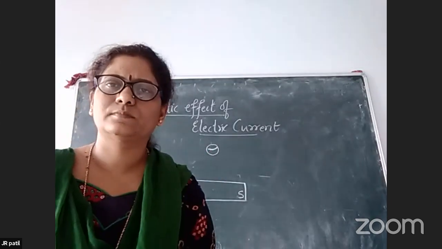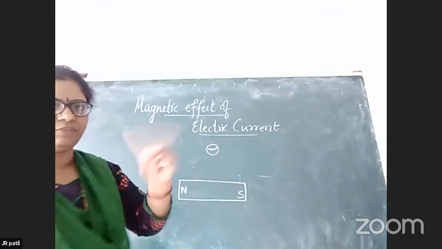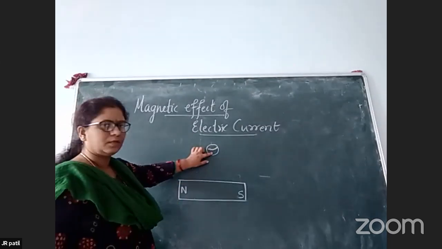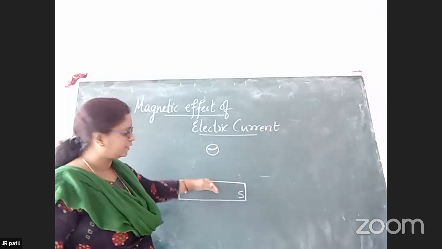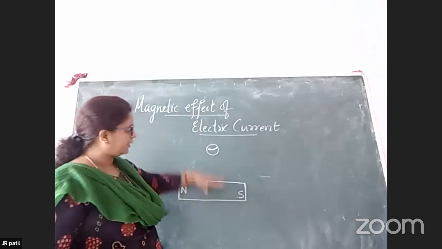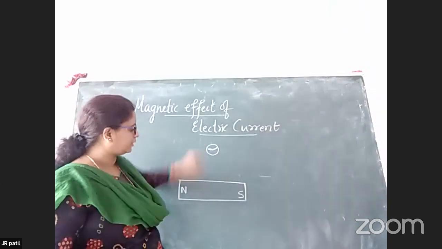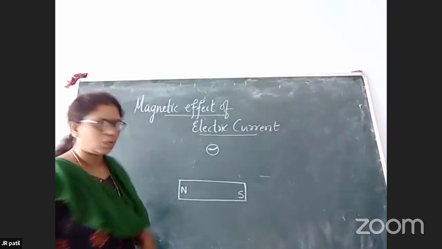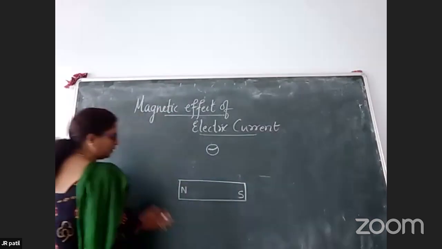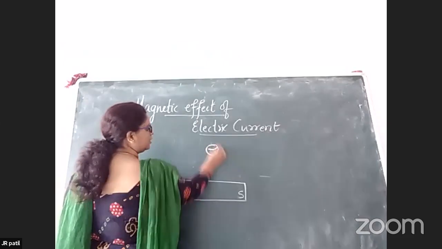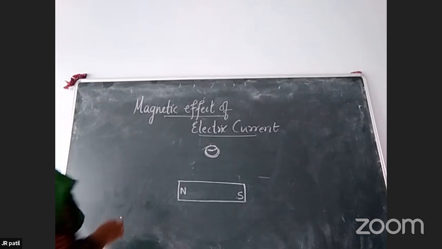Attract, ma'am. Yes, the magnet will attract it. So there is deflection like this. You have not kept it so near, but just some distance away. But still, you can feel the effect of this magnet here. So this area around the magnet, where the magnetic effect is felt, that area we call the magnetic field.